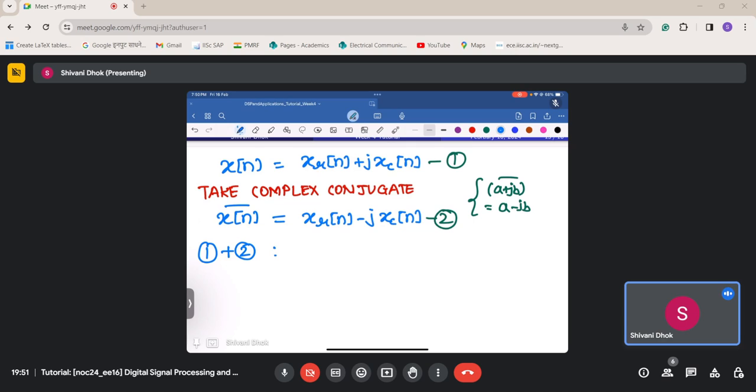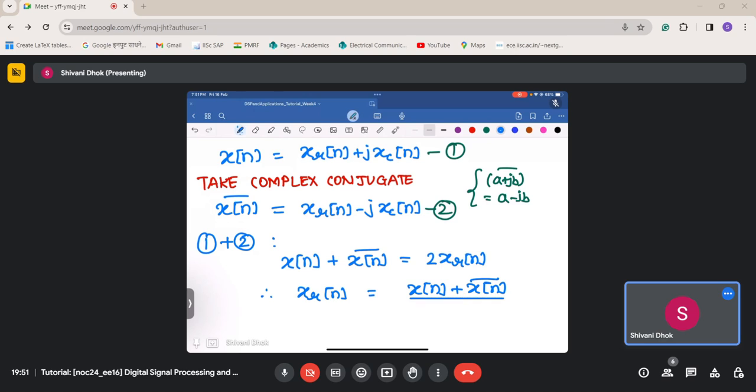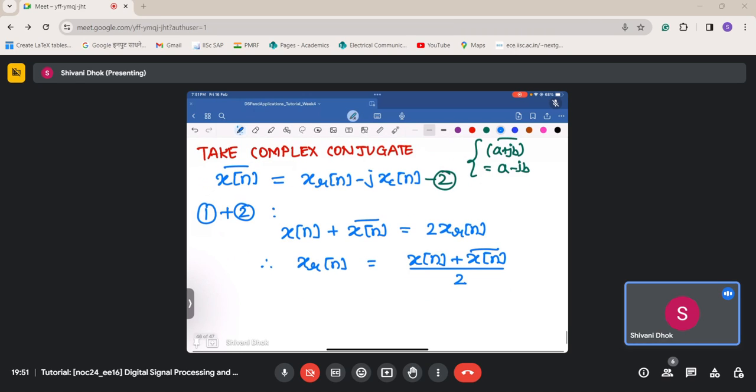The two xc terms get cancelled, and we have x[n] plus x conjugate of n equal to 2 times xr[n]. Therefore xr[n] is equal to x[n] plus x conjugate of n, whole divided by 2. Now let us find Xr(ω).